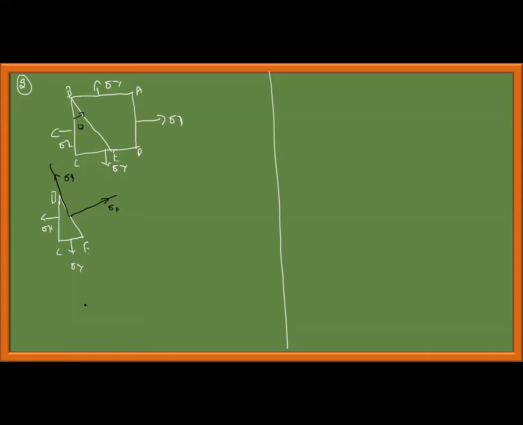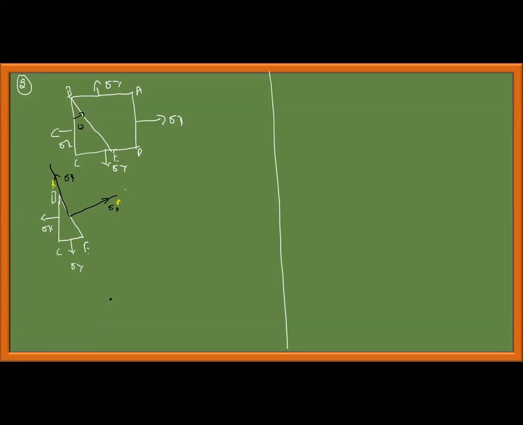Okay, that you should understand. This is your n axis, this is your t axis: normal to this plane B, and tangential to this plane B.